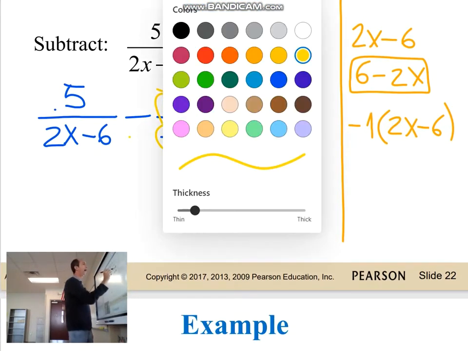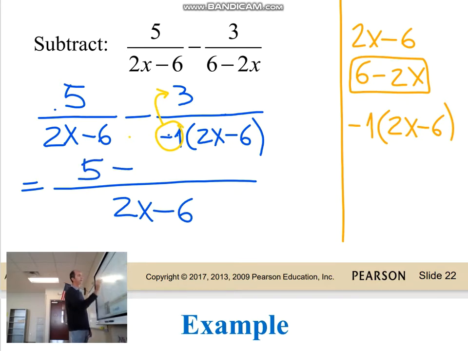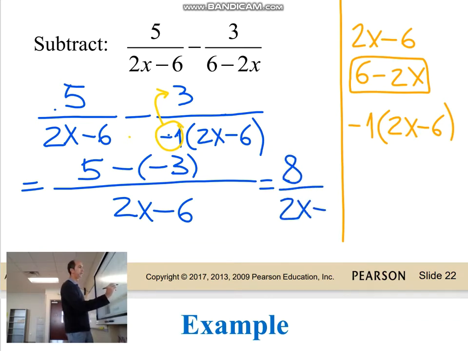So you will have at the end the same denominator, right? 2x minus 6, and then you're going to have 5 minus -3. And this equals 5 minus -3, 8 over 2x minus 6.